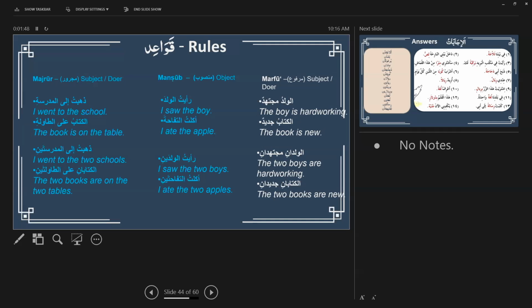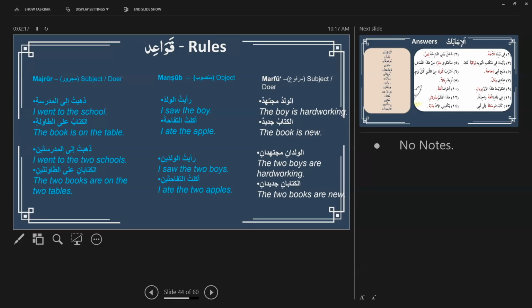Now I'm going to ask the question. Swami, you tell me actually. How do you know the sentence is marfu, the one on the right-hand side, the white side, the top part? The subject is marfu. How do you know? Because it's the subjective form of the noun.